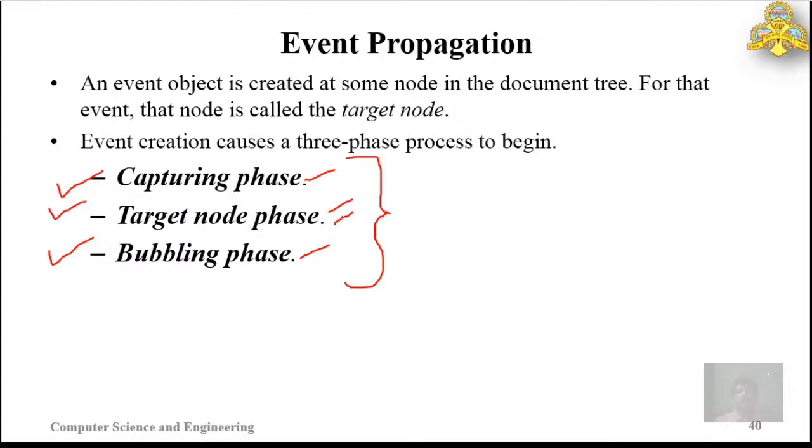So these are the two options for the browsers. It may be a little different for a large scale, very complex website, but nowadays almost all follow the same method. So let's go for what is the capturing phase.